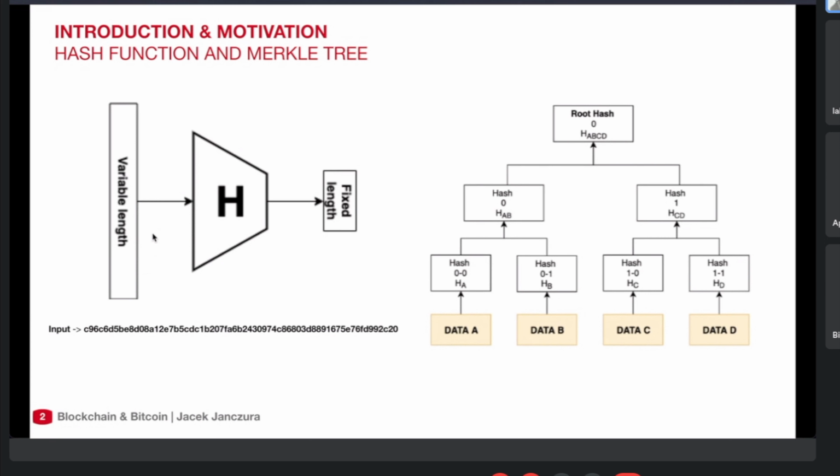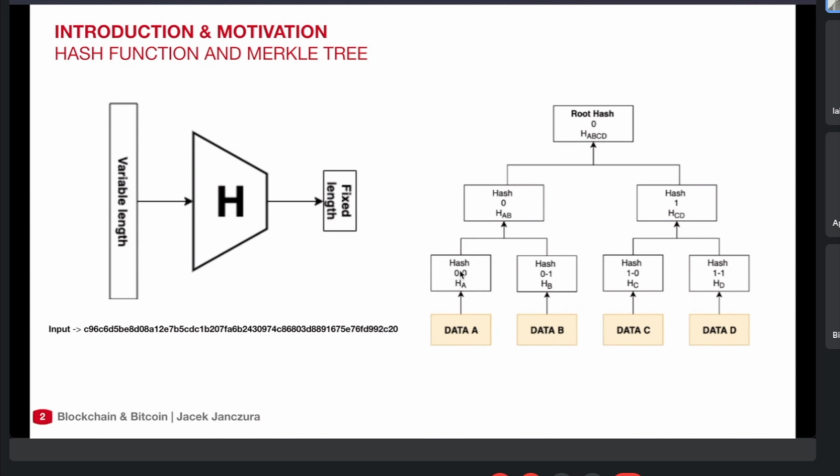Another use case for hashes is a fast integrity check and fast identification of corrupted data. We can think there are four pieces of data A, B, C, D, and we create a Merkle tree, which is a tree of hashes. So we hash data A, hash data B, hash data C, hash data D, and we get those 4 hashes. And then we hash those 2 hashes together.